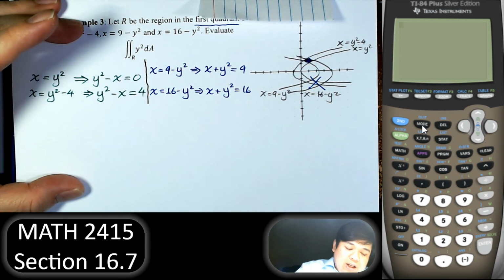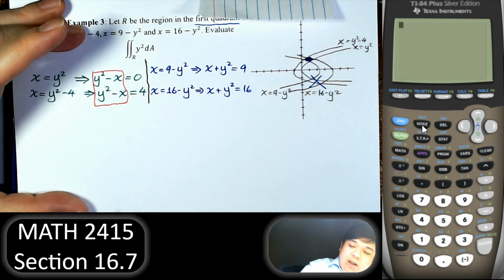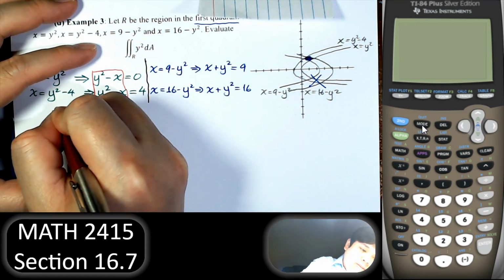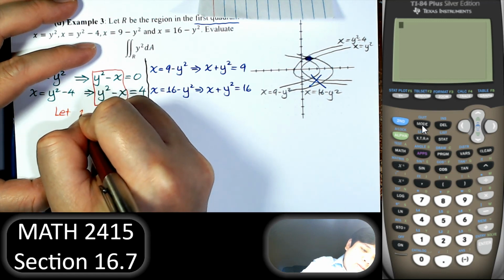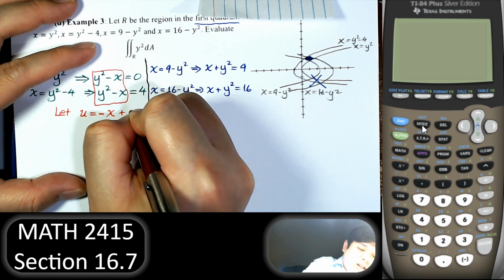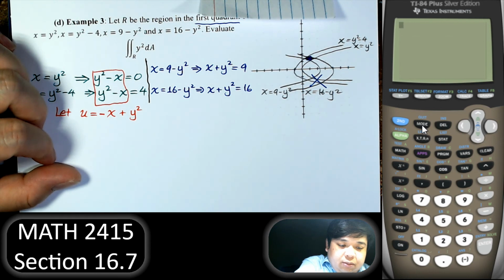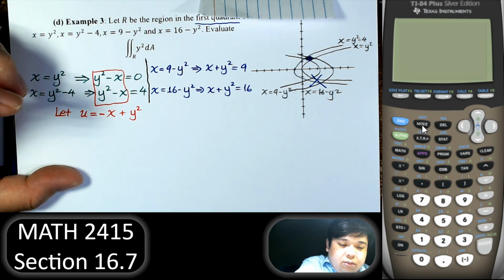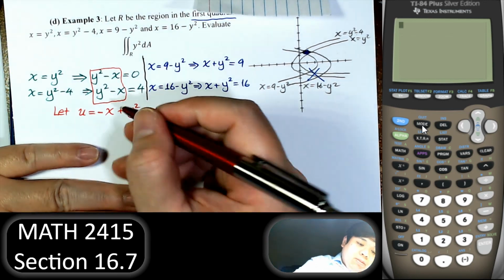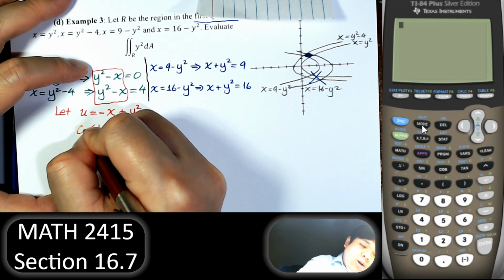So with this, we can let u be y squared minus x. Or we say negative x plus y squared, which is the same thing, right? In that case, u will be between 0 and 4.